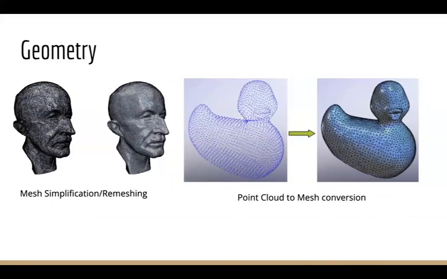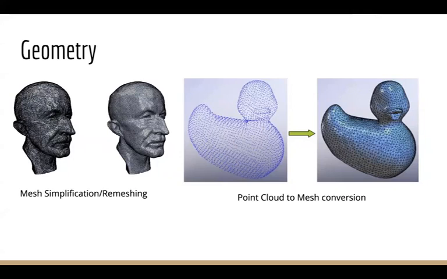Then another one is geometry. This follows on project 2, if you really enjoyed it. One thing you could do is mesh simplification. In the project we did subdivision, making a mesh more fine and detailed. This is the opposite, where we reduce the number of triangles while trying to keep the shape relatively the same, and see how many triangles we can take away. Also, you could do remeshing.